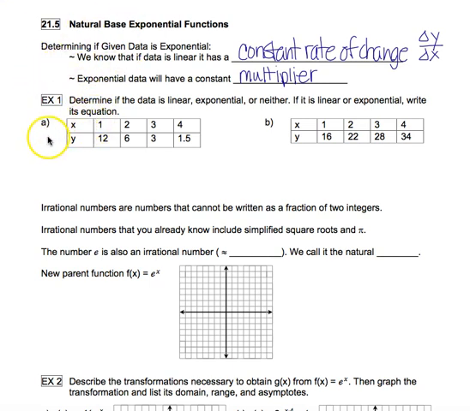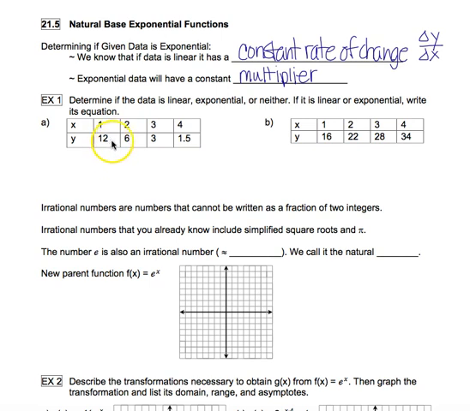So the first thing I want to look at is the table we have in part A. When I look at these values, you can see that my x's are going up by 1 every time. When I look at the y values, if it were linear, because these values are decreasing, they would have to be going down by the same amount every time.